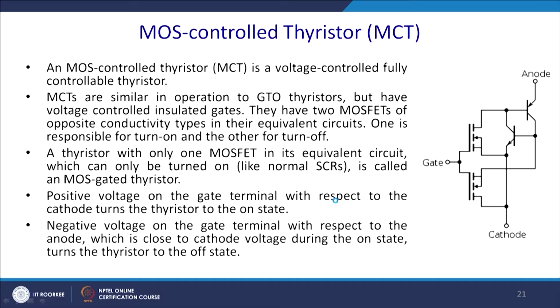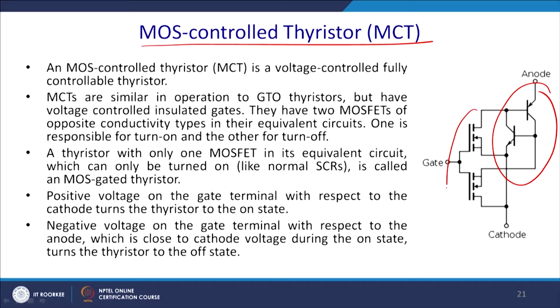Now, this is the structure of the MOS-controlled thyristor, another member of the thyristor family, called MOS control. The only difference is that the gate driver part has been modified by using two MOSFETs, and the MOS-controlled thyristor is a voltage controlled, fully controlled thyristor.